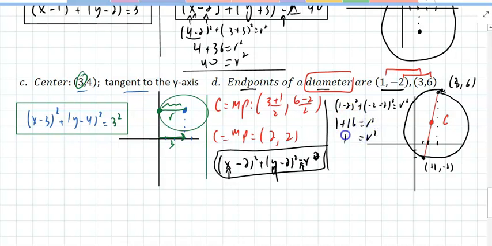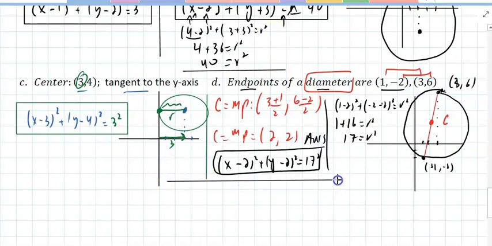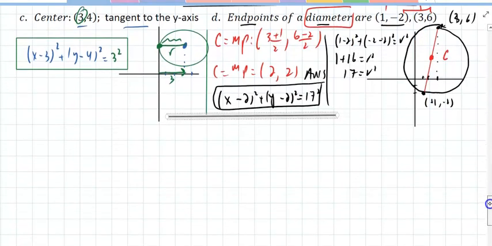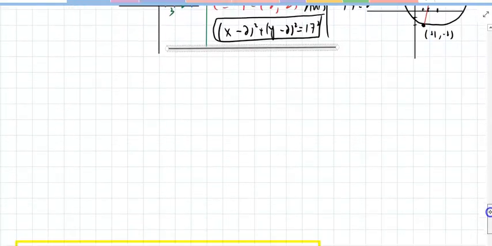So r squared is 17. So if I go back, put 17 there, that would be my answer. And I believe that would be it for this section.